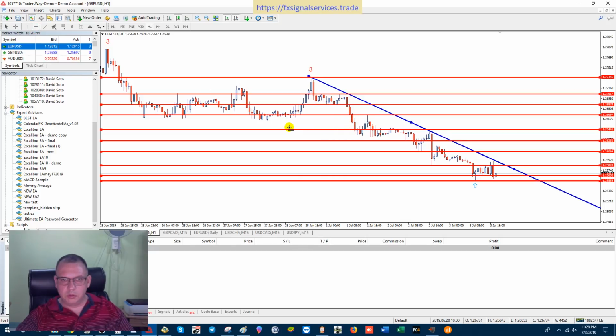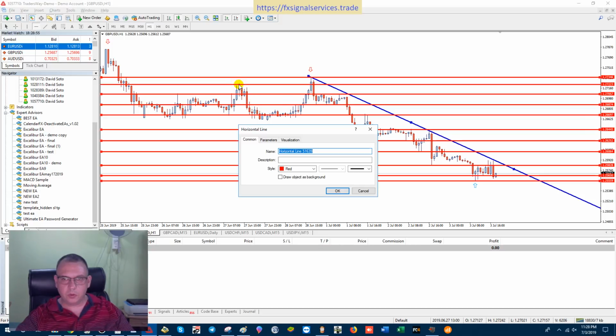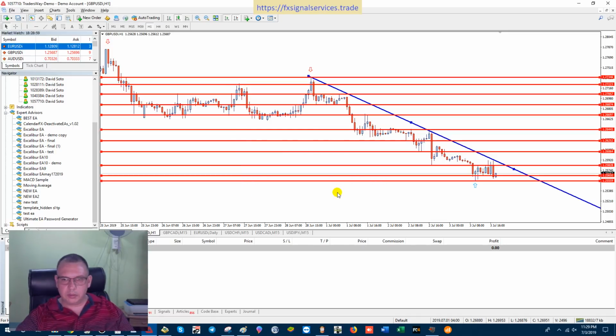I don't want this to look too confusing, and I don't want to draw too many lines, but you kind of get the idea. There's a point right here also we probably could use. That's kind of enough for this example. And this one here I probably could delete. That's not a really good example.